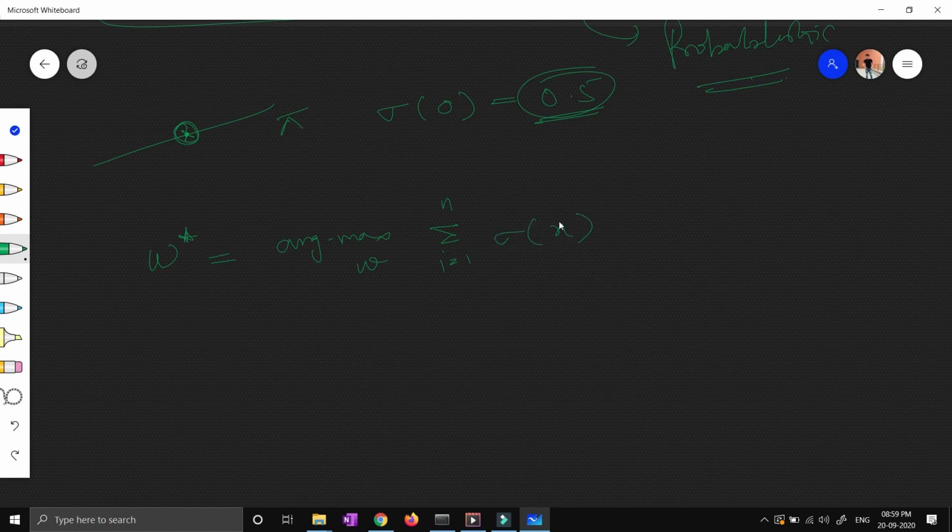If we put the value of x, which is a signed distance, it becomes argmax of w, i equals 1 up to n, yi w transpose xi.